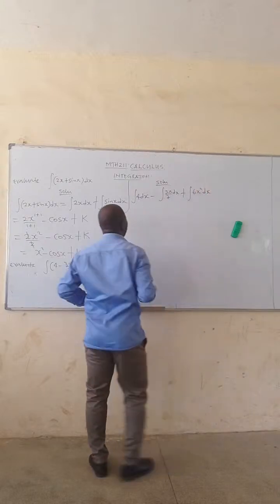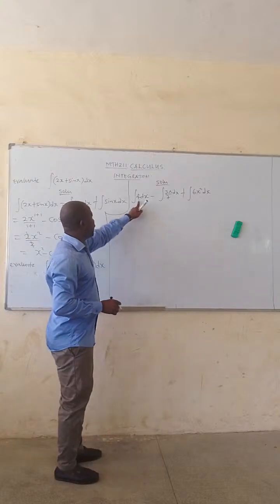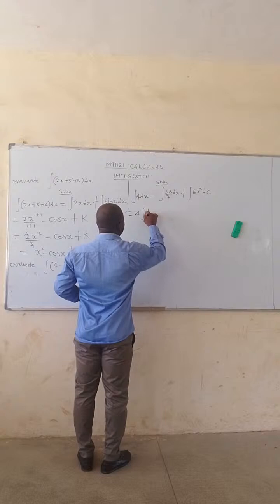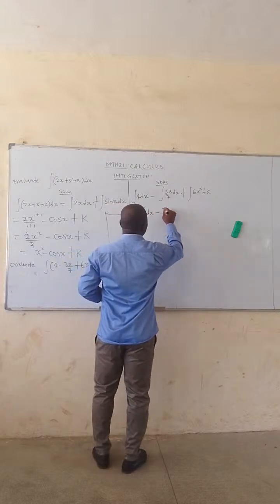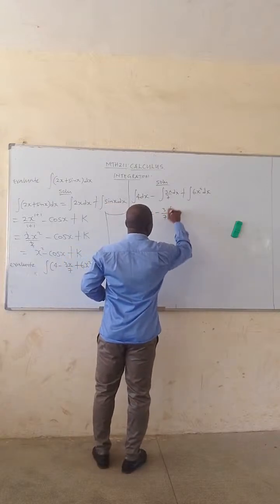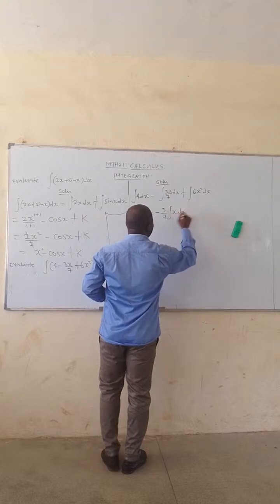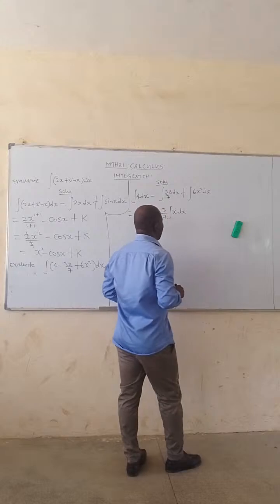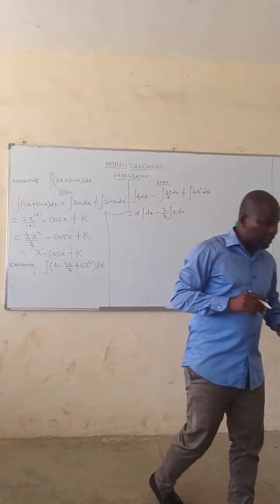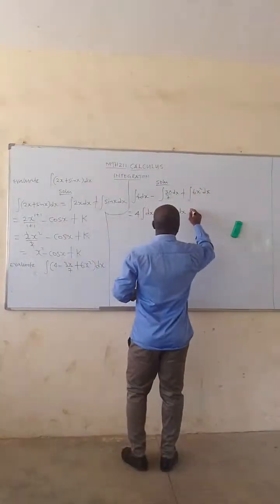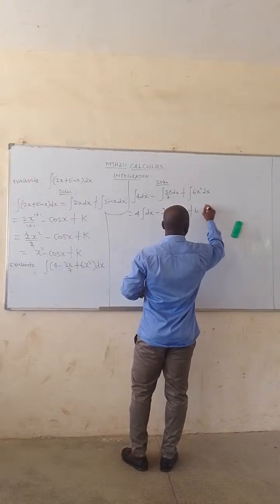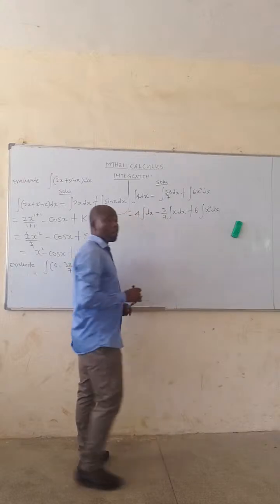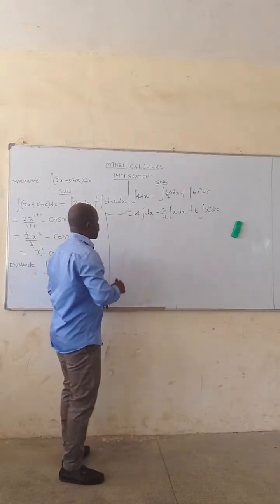The 4 is a constant, so we can write it this way: 4 integral dx, minus 3 over 7 integral x dx, plus 6 integral x squared dx. So far, so good.